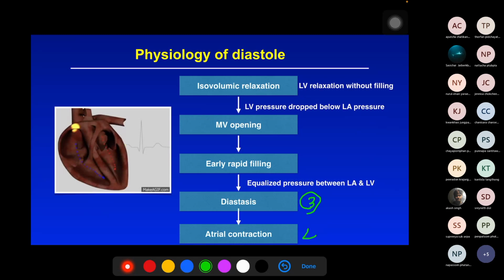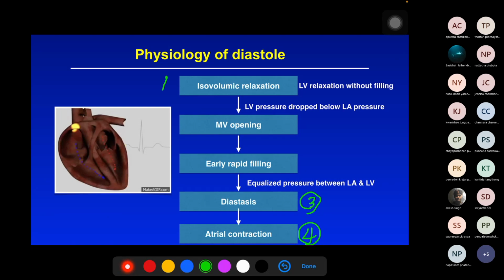The last one is the atrial contraction, to push the last blood from LA to the LV. This is our physiology of the diastolic four phases.